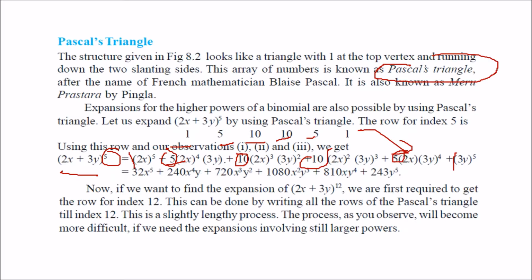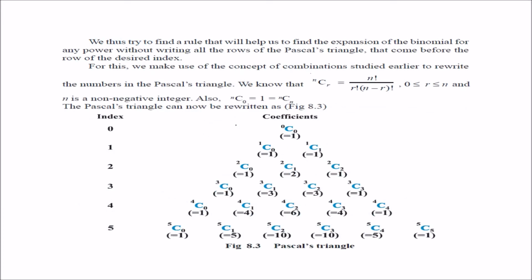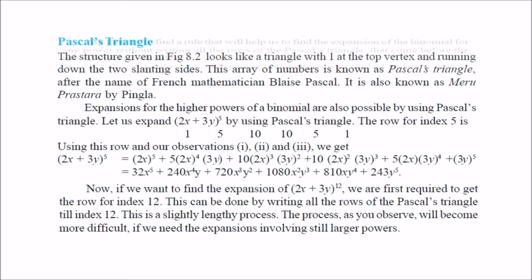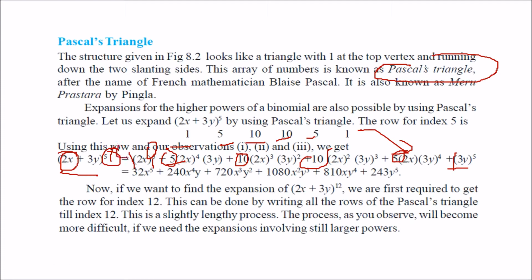Now, the important thing is that the power of the first variable is maximum at the start and then decreases, while the second is absent at first and then increases. This is quite a lengthy process if we increase it to the power 10 or 11 or something like that.